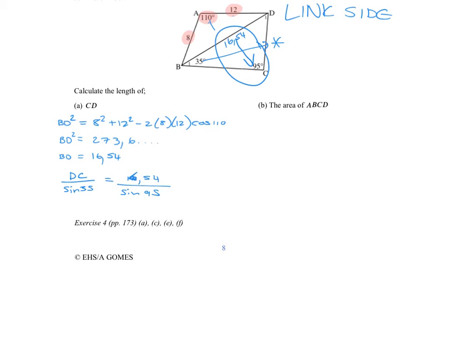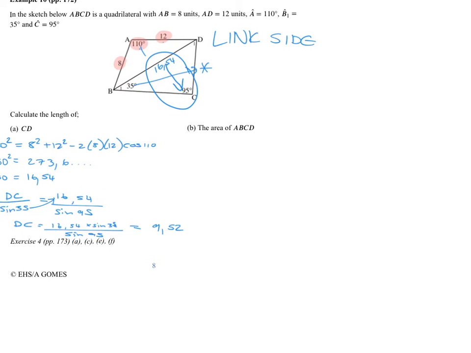Sorry, that's a bit messy. All right, so we're going to get DC by itself by bringing that sine 35 across, all over sine 95, and we're going to get DC to be 9,52 units.